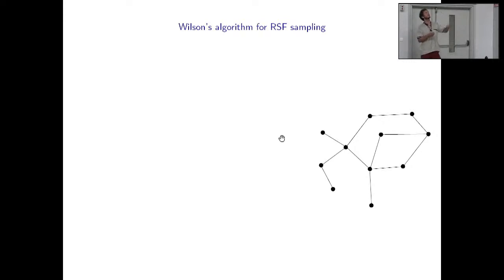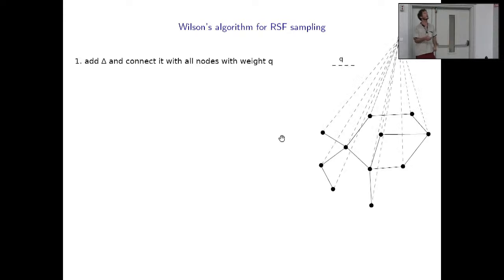So I call this Wilson's algorithm. In practice, it's a modified Wilson's algorithm. It's not exactly the one he proposed in his paper. It goes like this. I find this algorithm beautiful. So you have a graph here, and I'm going to walk through the little steps. First you add an artificial node, called delta, and you connect it with weight q to all nodes.